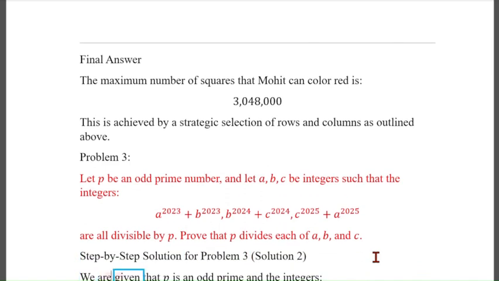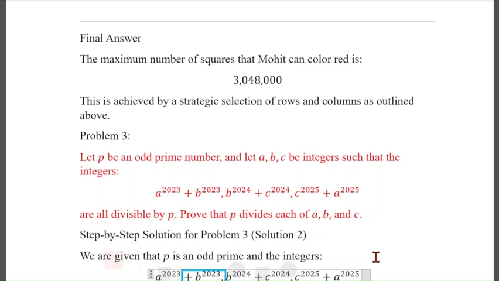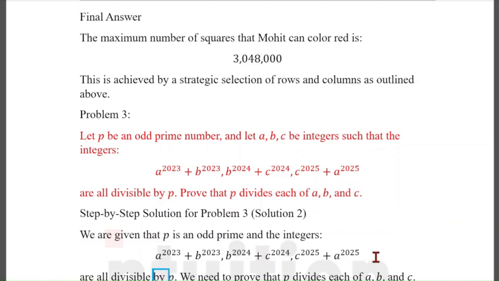Solution 2. We are given that p is an odd prime and the integers a^2023 + b^2023, b^2024 + c^2024, c^2025 + a^2025 are all divisible by p.